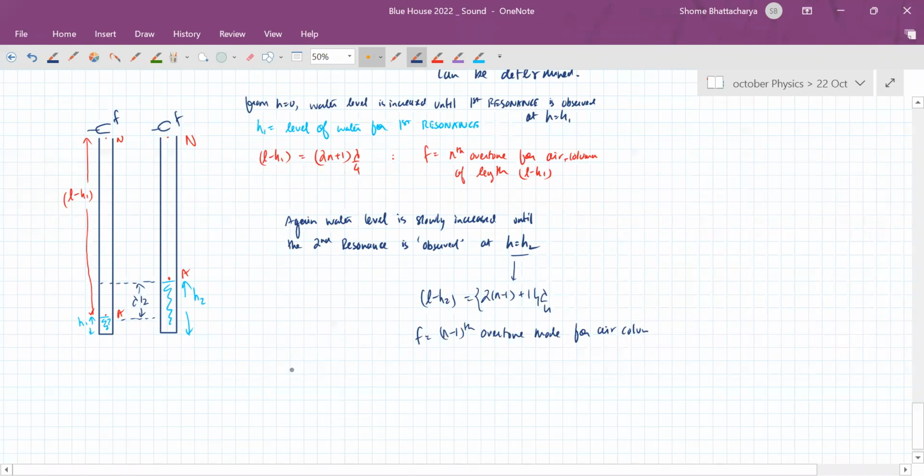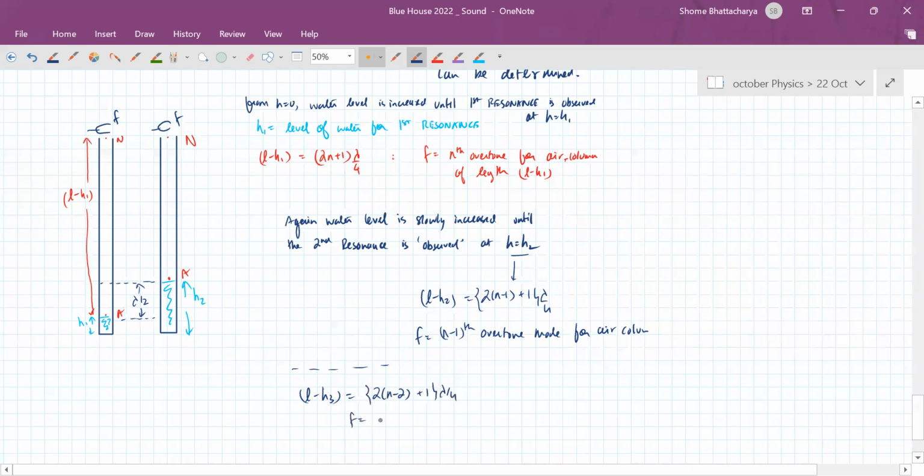Similarly, if that same sequence is repeated, then L minus H3 will correspond to 2 times N minus 2 plus 1 lambda by 4.